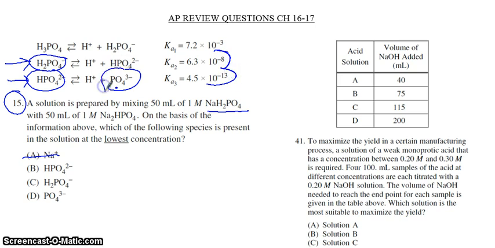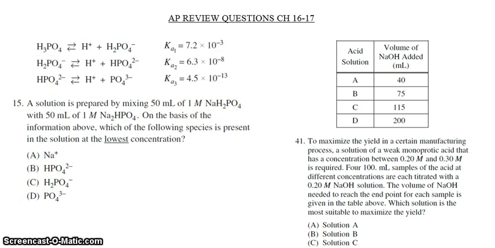So this right here actually is the species in the lowest concentration because the corresponding Ka of this acid is the smallest. So that's really the answer. Sort of think through it, and this is a reflection essentially of what an equilibrium constant tells you. All right, let's go down one.